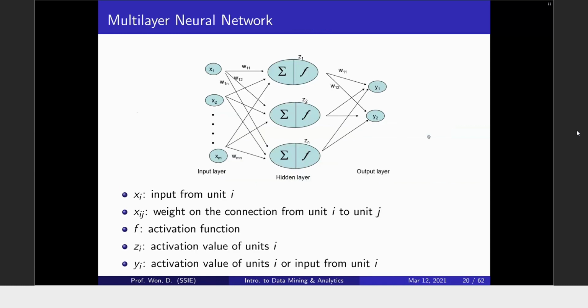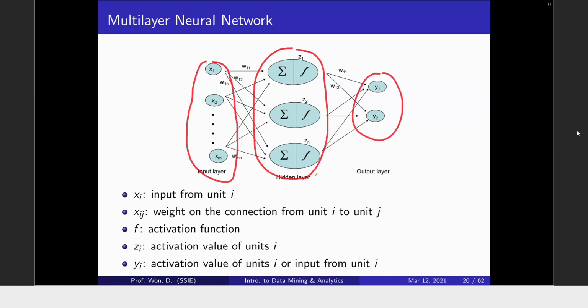And let's think about a multi-layer neural network. We can actually define three different kinds of layers in the neural network. One is the input layer, in the middle we have the hidden layers, and the other is the output layer.